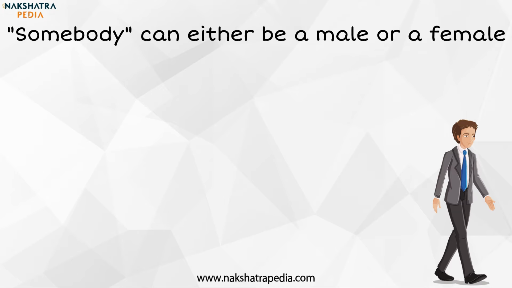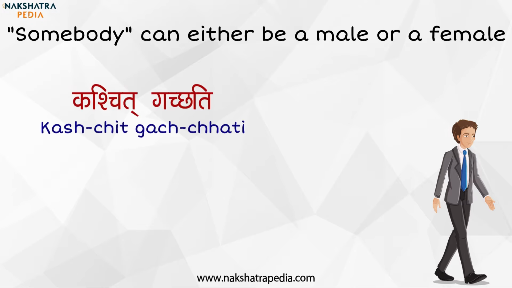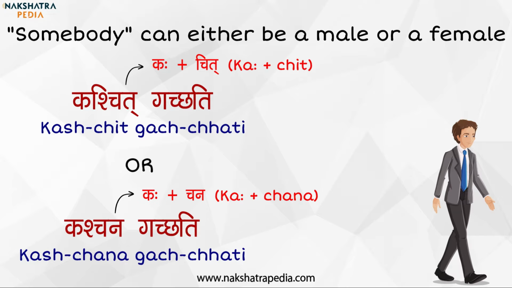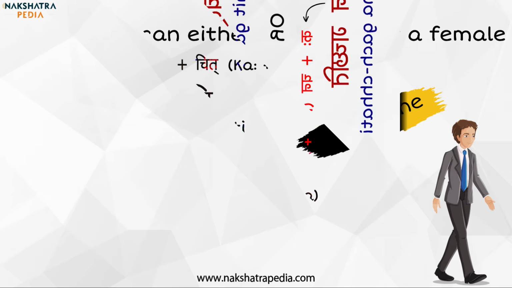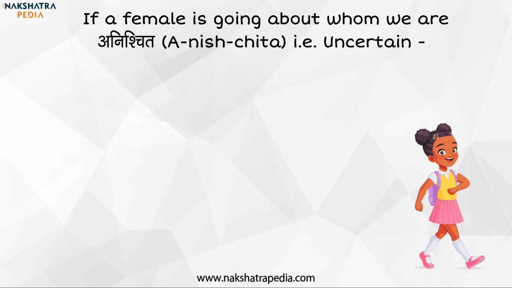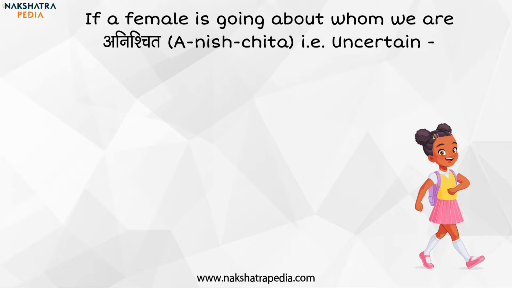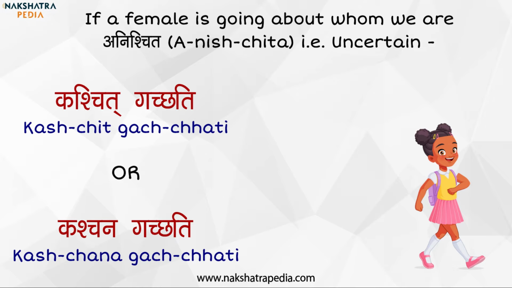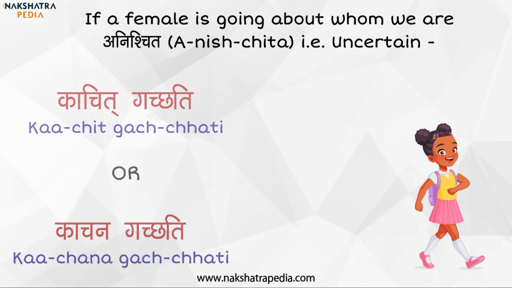Now somebody can be a male or female, so Kaschit gacchati is if some male is going, as we used Kaha. Kaha is used in the case of masculine. But now instead of some male person, if some female is going about whom we are anishchita, that is uncertain, then instead of Kaschit or Kaschana gacchati, it will be Kachit or Kachana gacchati.